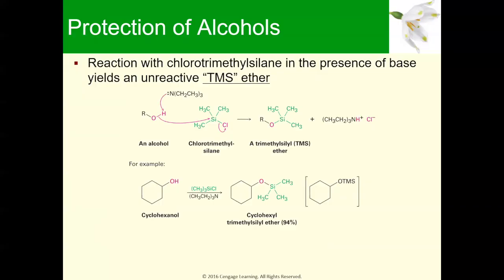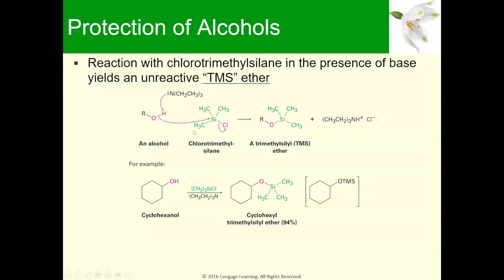So one common way to protect an alcohol is with a trimethylsilyl group, and you use chlorotrimethylsilane to do that. So you react the alcohol with chlorotrimethylsilane in the presence of a base, and it yields what we call a TMS ether, where TMS is just an abbreviation for trimethylsilane.